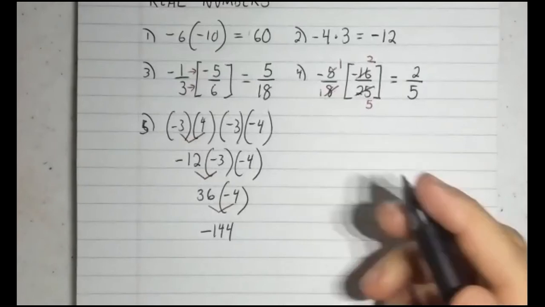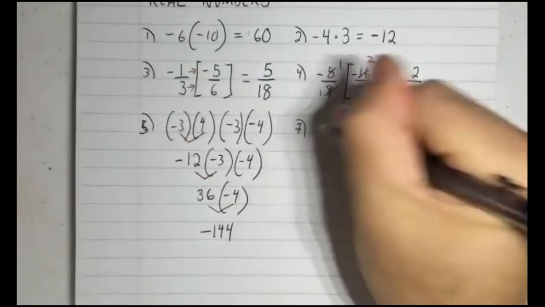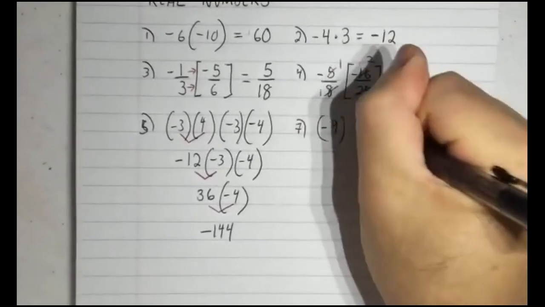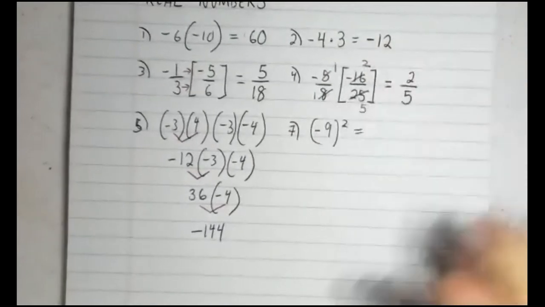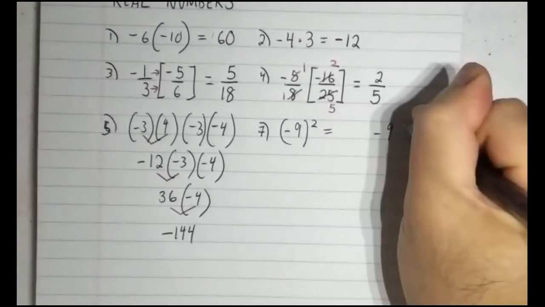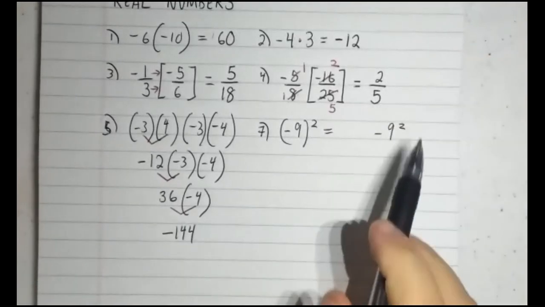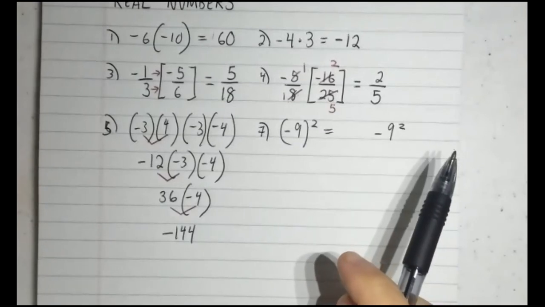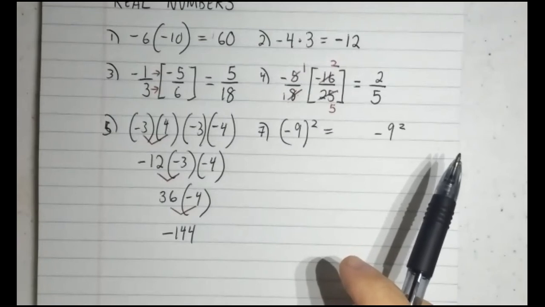All right, next thing I want to talk about is some of these exponents. I want to talk about the difference between that problem and this problem. Now, you may look at it and say, well, that's the exact same problem. And it is not.